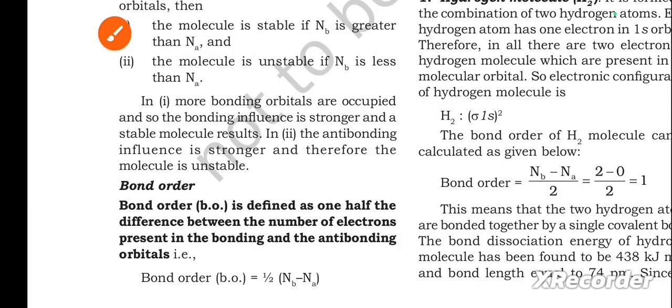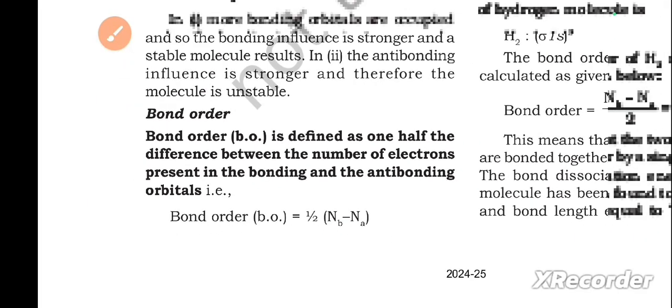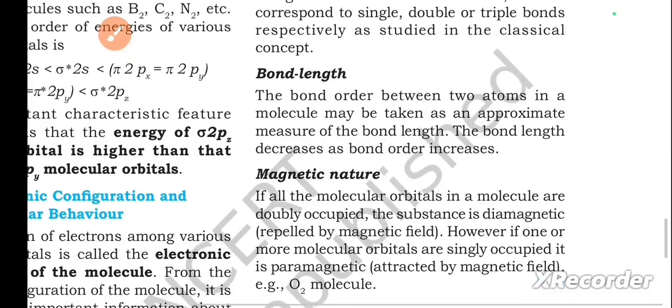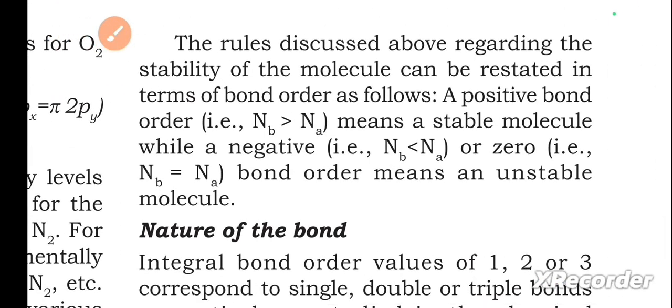Next, bond order. Bond order is defined as one half the difference between the number of electrons present in the bonding and the anti-bonding orbitals. Bond order equals 1/2 (Nb minus Na). The rules discussed above regarding the stability of the molecule can be restated in terms of bond order as follows.